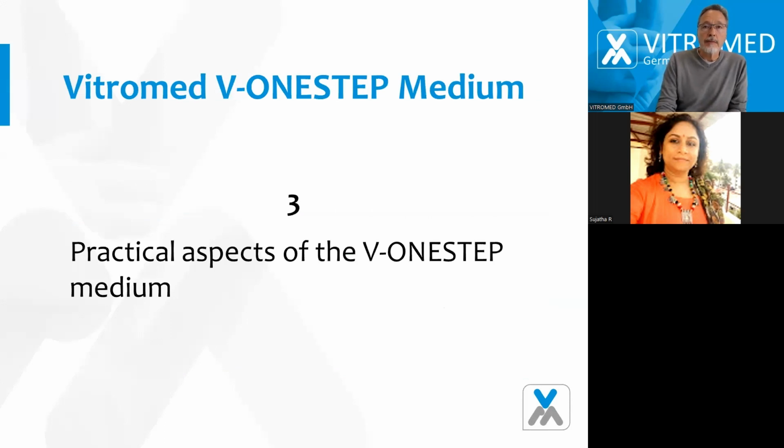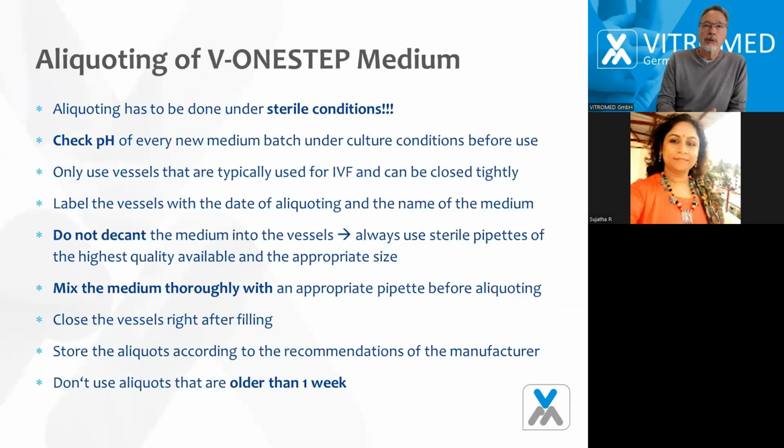Okay, some practical aspects of the V-OneSTEP medium. Aliquoting: some labs do this, others don't. But if you do this, I just want to show you the best way. The main thing is that you work under sterile conditions in a clean bench.